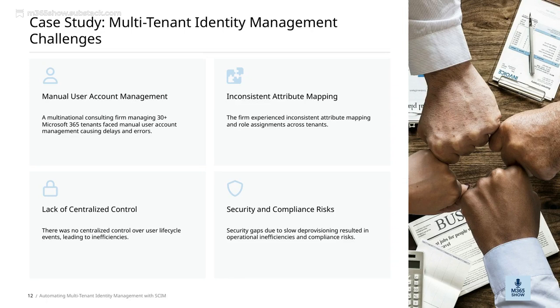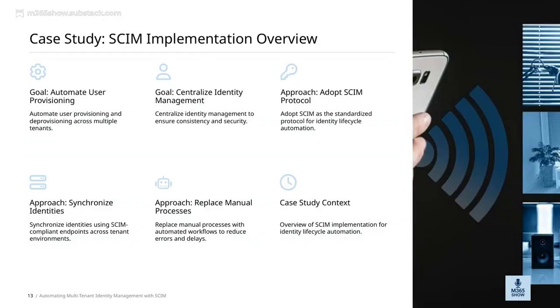Overall, these challenges highlight why automating identity management across multiple tenants is so vital. It's about improving security, ensuring compliance, and making operations more efficient. In this slide, we're looking at a real-world example of how we implemented SCIM to automate the entire identity lifecycle.